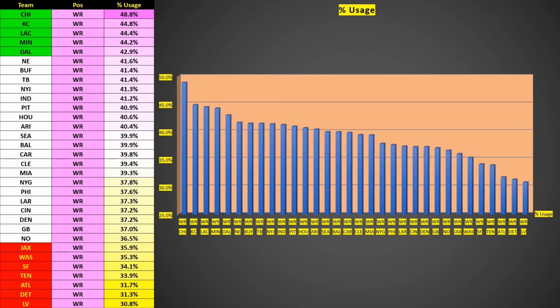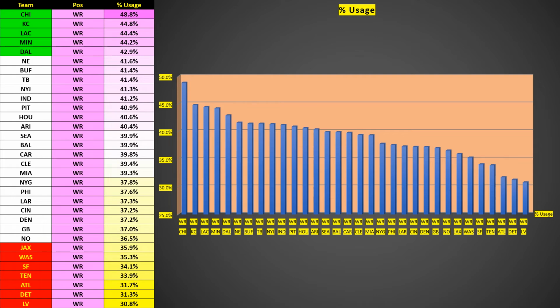Wide receiver, Chicago. Look at the usage. It's all in their basket at 48. Like I said, that almost seems so out of balance because nothing else is going. They're just throwing those wide receivers out there. KC is a little high. Chargers, Minnesota, Dallas.